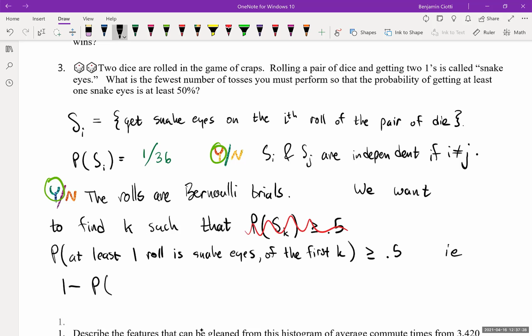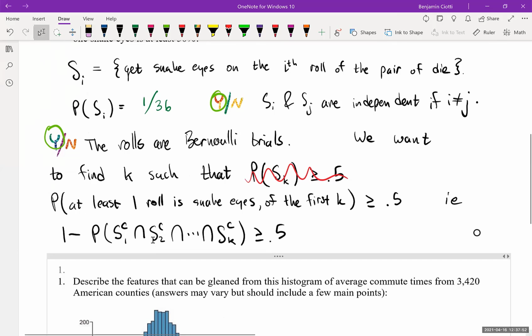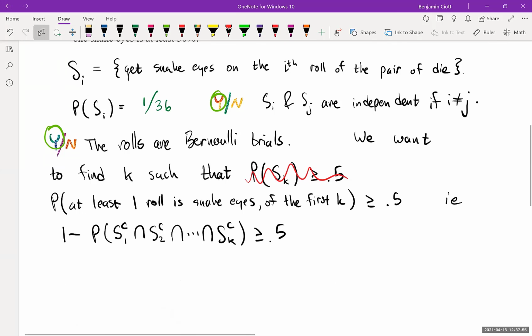In other words, I could write it as 1 minus the probability that the first roll is not snake eyes, and the second roll is not snake eyes, and the third roll, all the way up to the kth roll is not snake eyes. That's what we want to be greater than or equal to 0.5. Yeah, probability of no snake eyes in the first K trials.